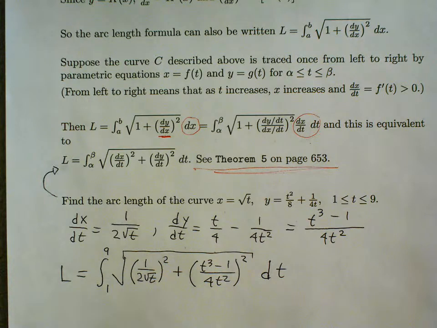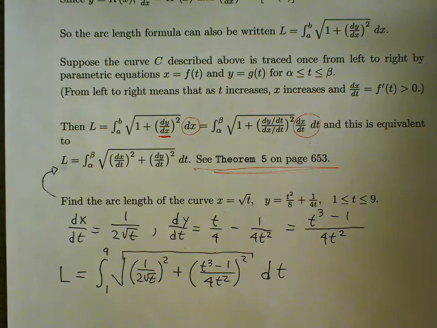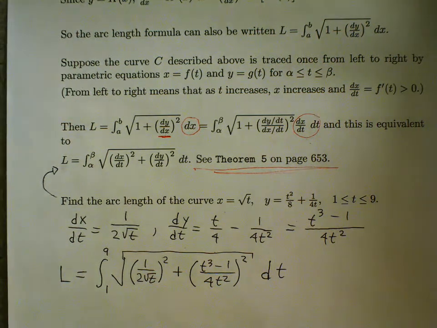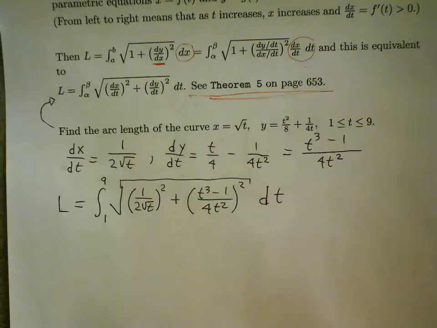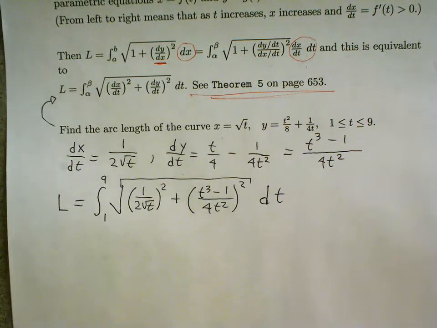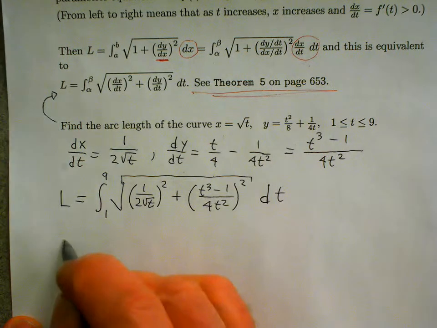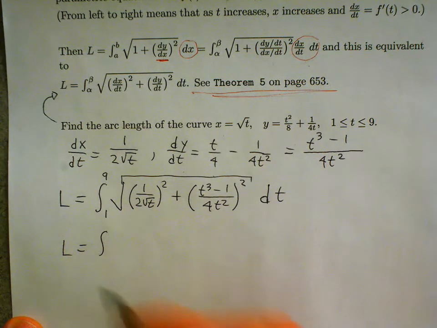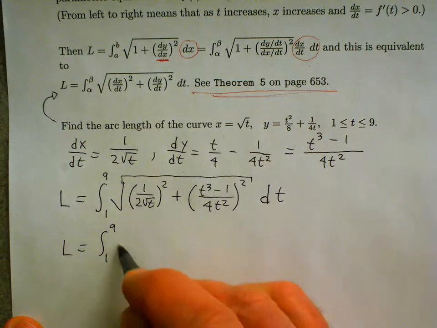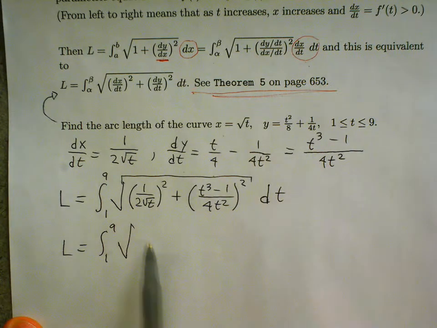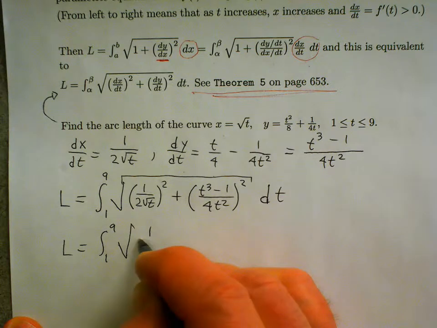If you already worked this out, you saw that this works out really nicely. So we'll do the algebra and arithmetic inside the square root. When we square 1 over 2 times the square root of t, we're going to get 1 over 4t.